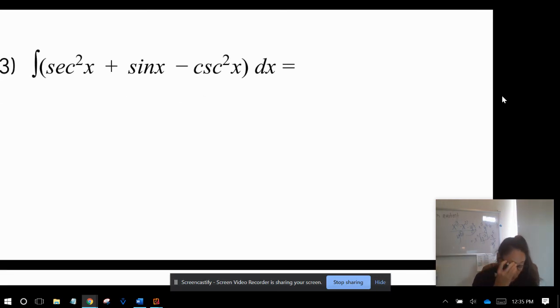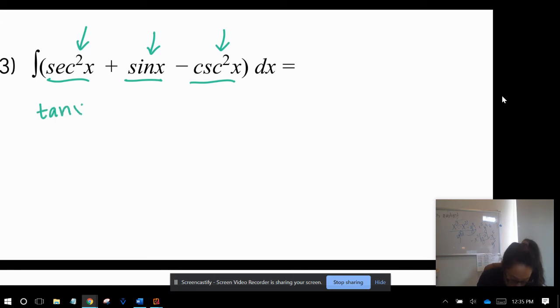Number 3. So this one looks really bad, but it's actually okay. We're adding trig ratios together. Since I have terms, I can just take the antiderivative of each part of my function that I'm adding. So the antiderivative of secant squared is tangent x.